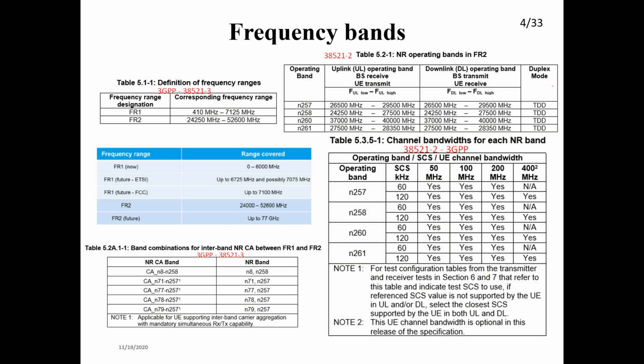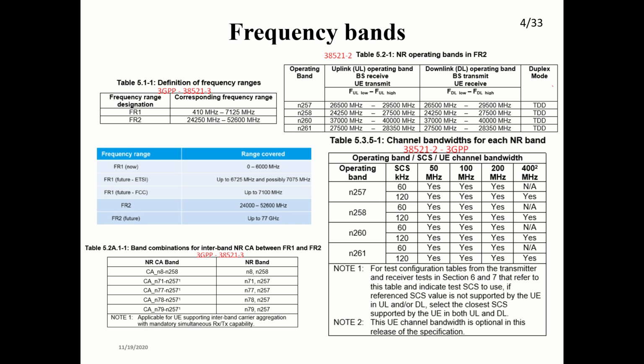Based on these bands, you see some of the bands being used for 5G or LTE. FR1 is basically 410 megahertz to 7125 megahertz, and FR2 is from 24.25 to 52.6 gigahertz, but in release 16 or 17 it will be up to 77 gigahertz also. Earlier we used to call FR1 sub 6 gigahertz, but it's no more valid now because it goes up to 7125 megahertz.